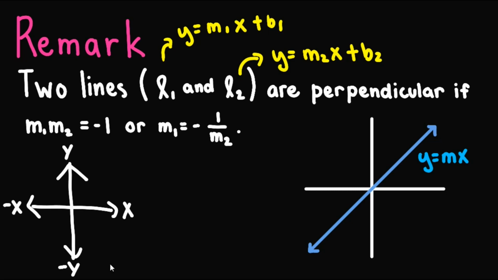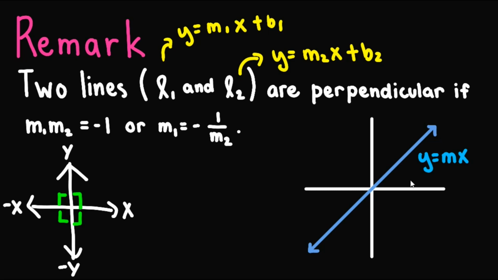Now, since we want to rotate the line by 90 degrees, take note that the Cartesian plane has a 90 degree angle here. So our goal is to rotate this to obtain a perpendicular line.